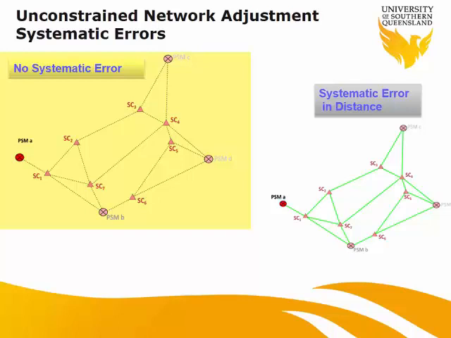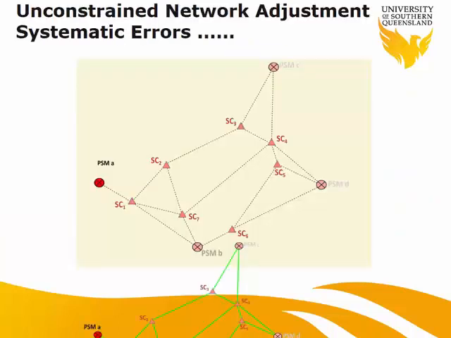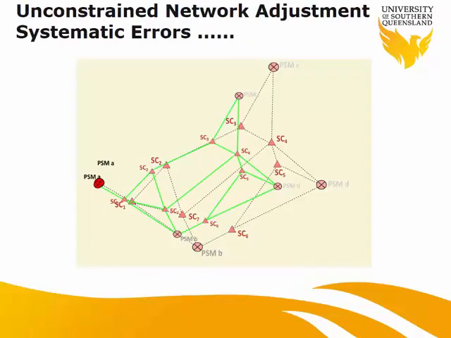So if I put those figures on each other or overlap them, you can see the scale nature of the error, which in this case can be prism constant, basically scaling the network.